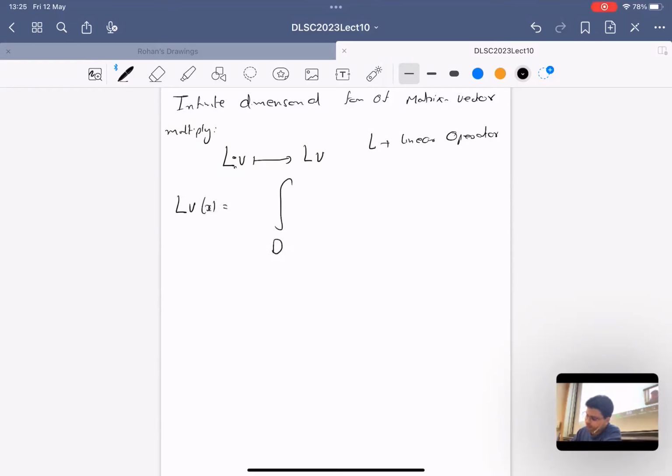Now the integration is with respect to the domain D. Let's say that we use Monte Carlo quadrature. This integral can be approximated by 1 over m times the summation over j from 1 to m of k(x_i, y_j) v(y_j), and this is going to be Lv at x_i.